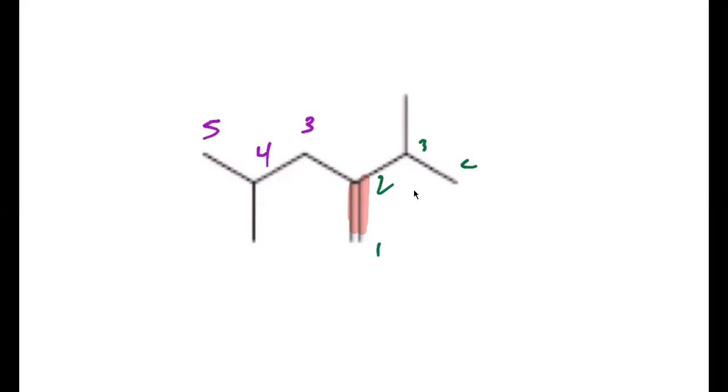All right. So my longest chain is 5 carbons. Anybody disagree? Let me highlight them like we did the last time. I think that'll help. So 1, 2, 3, 4, 5.